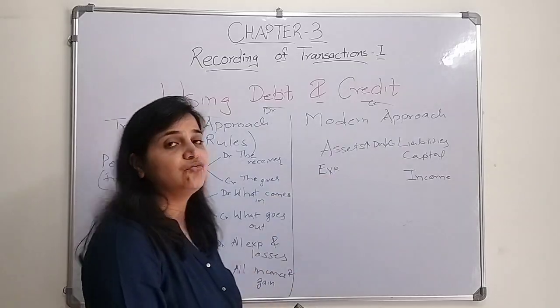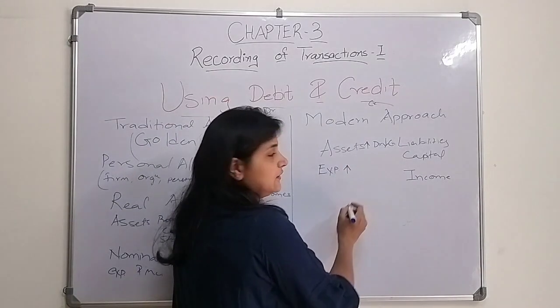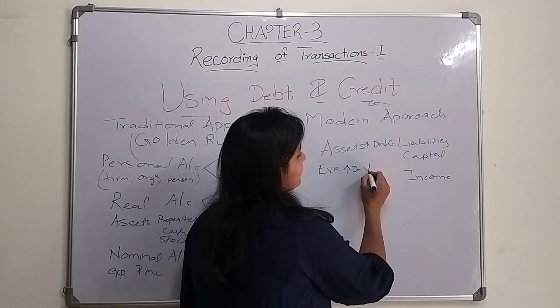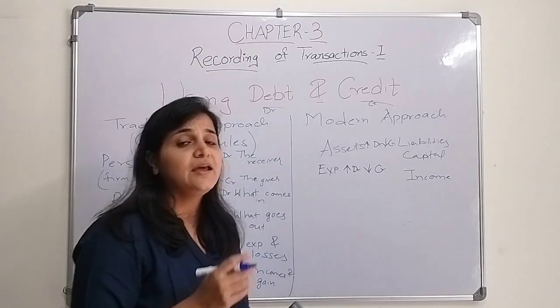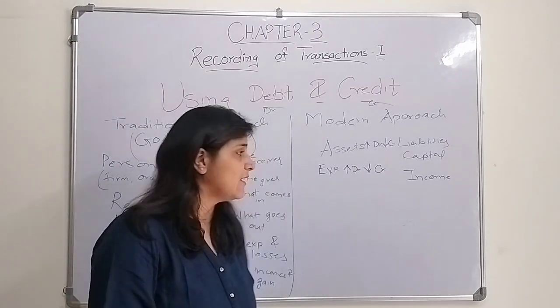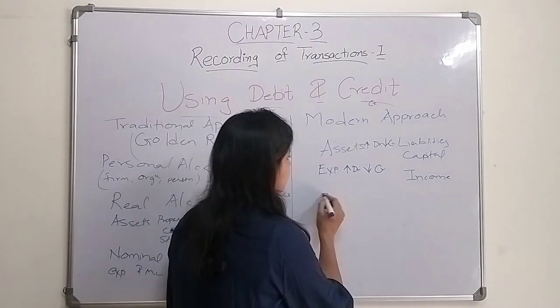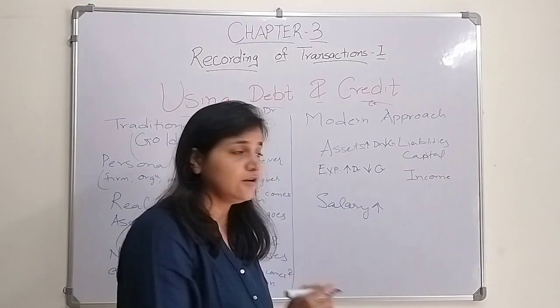The same goes for expense. When my expense increases, I will debit it. When my expenses decrease, I will credit it. Now same salary example. I give salary to somebody, my expenses increase. Salary, my expense increases.